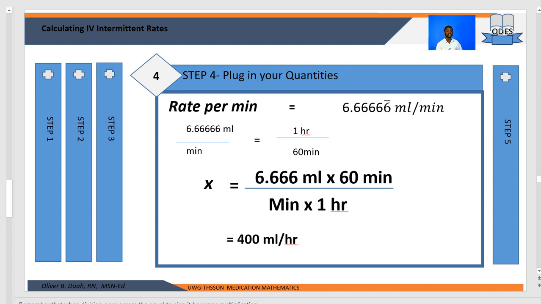So if we cancel out, then this minute will cancel this minute. And now we are going to multiply 6.666 by 60, and we're going to get 400 ml per hour as our final answer.